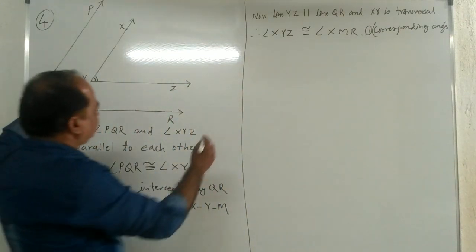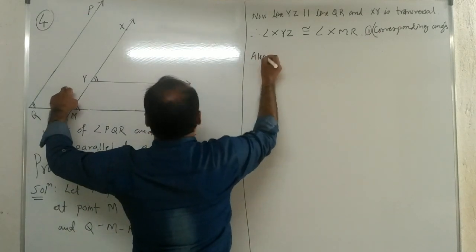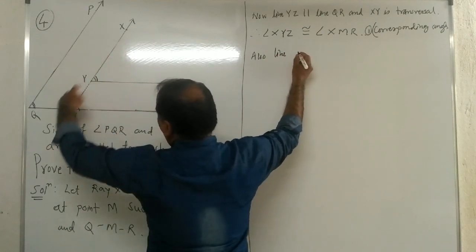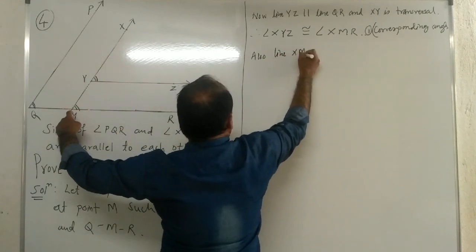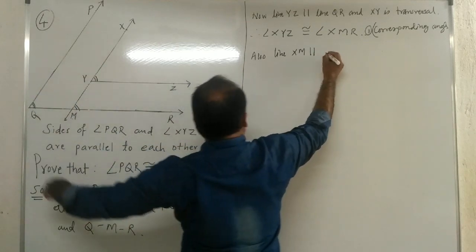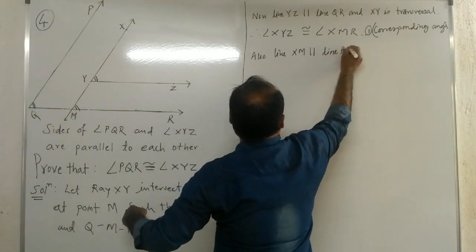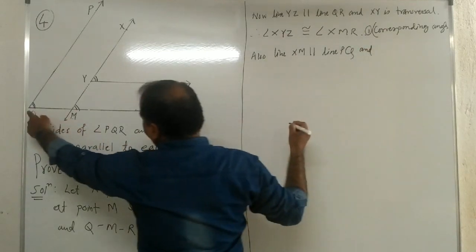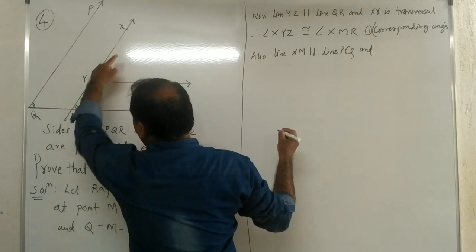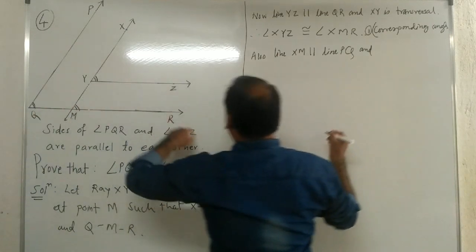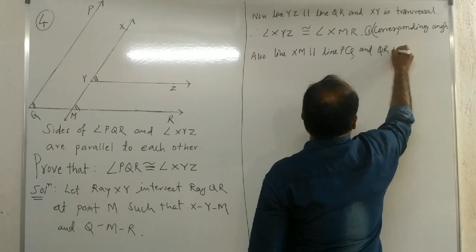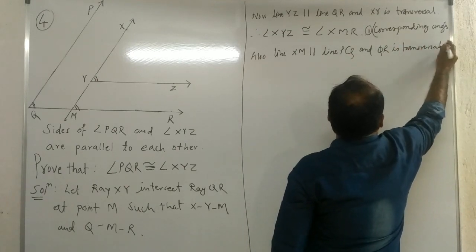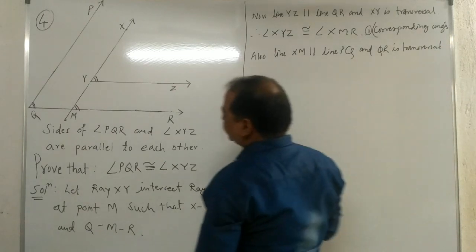Also, now line XM is parallel to line PQ and QR is transversal, as it is given.